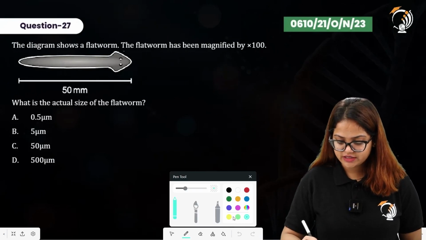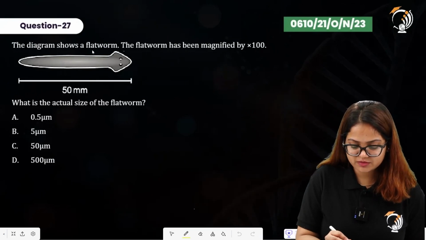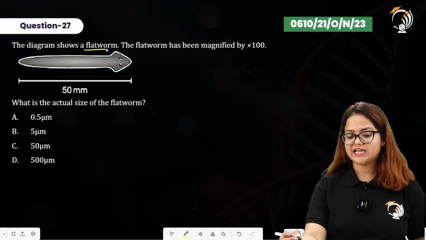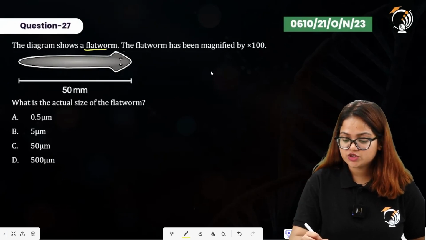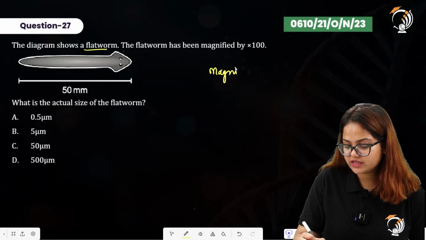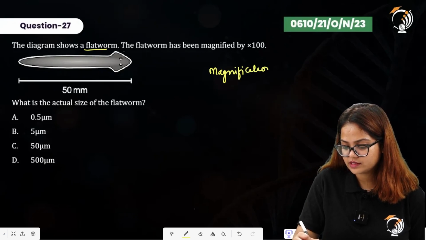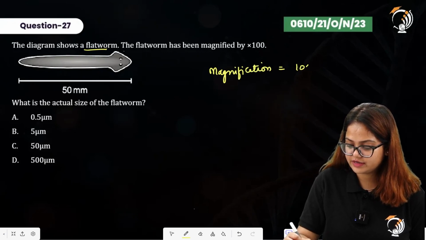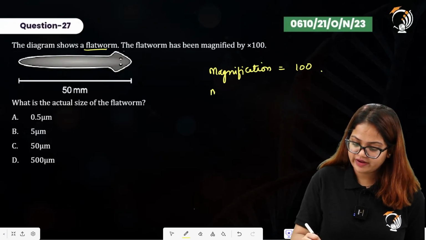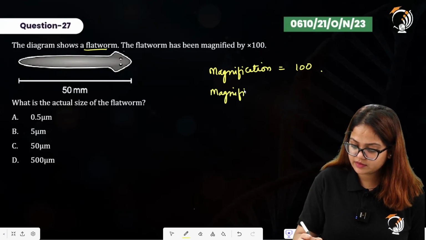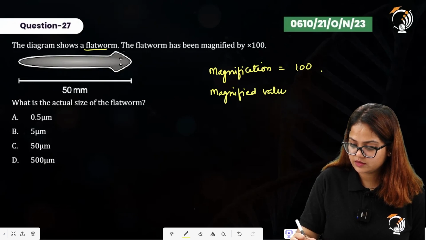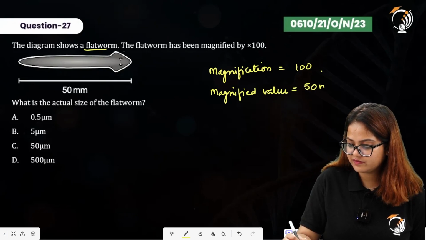Then you have another question that says the diagram shows a flatworm. The flatworm has been magnified by 100 times. So you are already provided with the magnification, that is 100 times. You have got the magnified value as well, 50 millimeter.